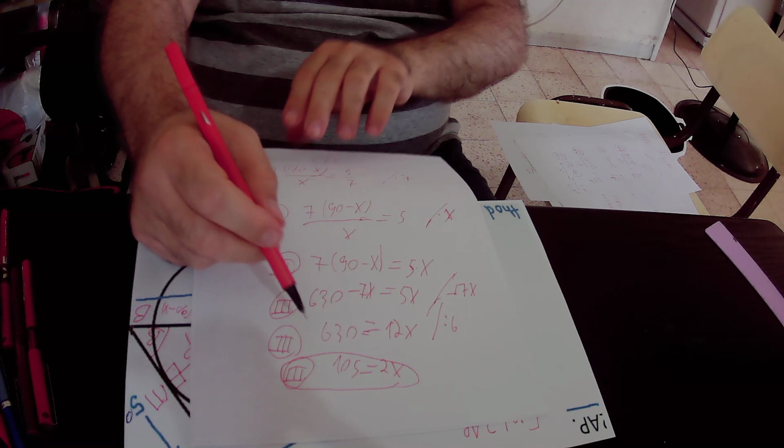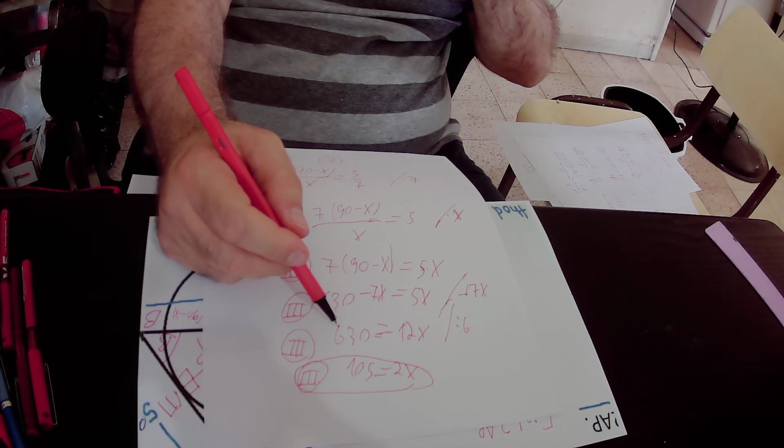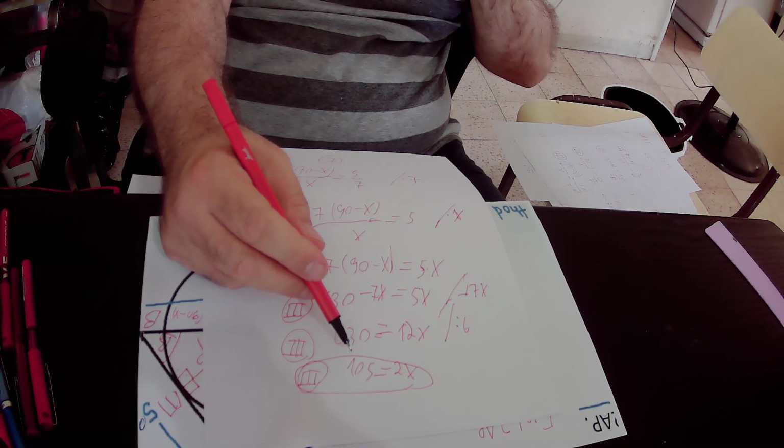So we divided both sides of the equation by 6. 630 divided by 6 equals 105.